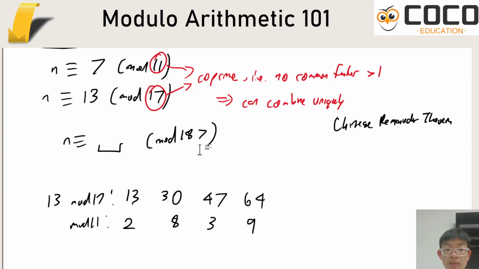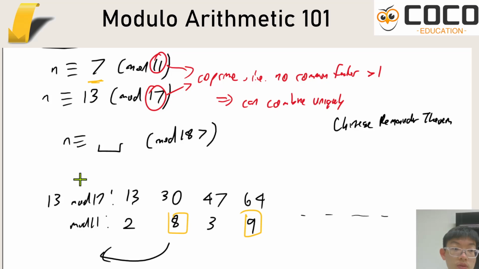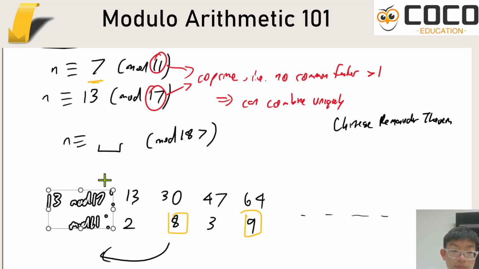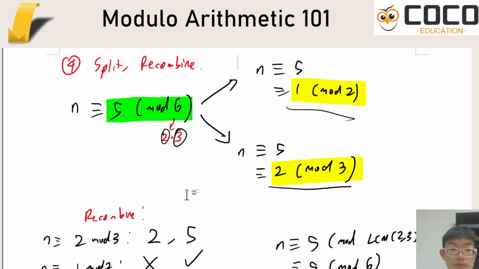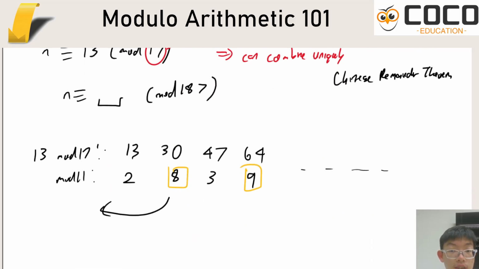But I may not want to list it all the way there. So I see that I've got 8 and I've got 9. Where am I going to ever get 7? Here. So I can always just make it happen by subtracting into negative land again.